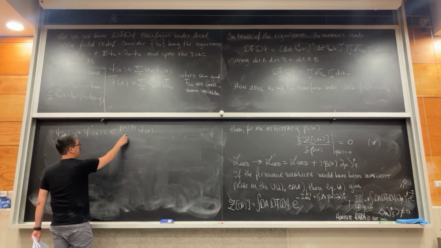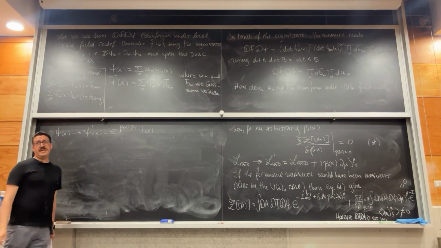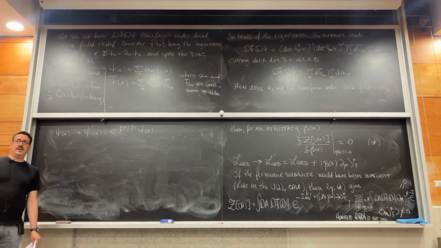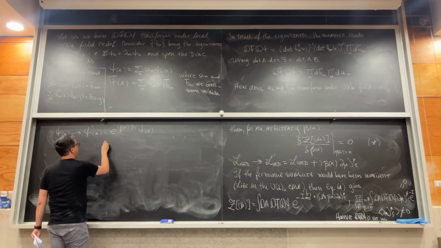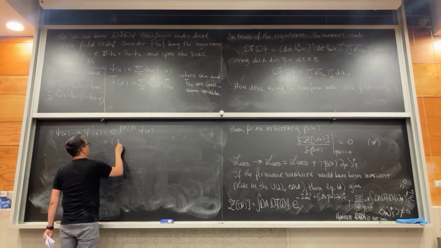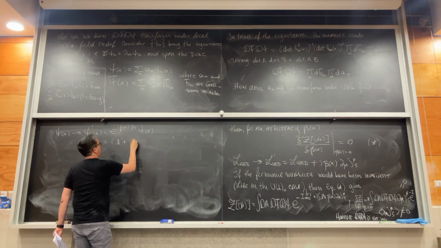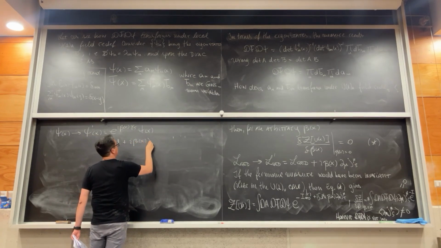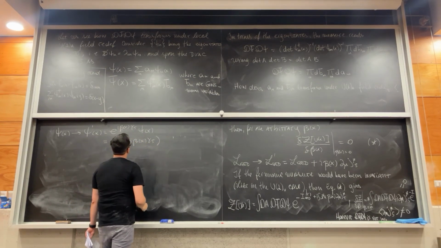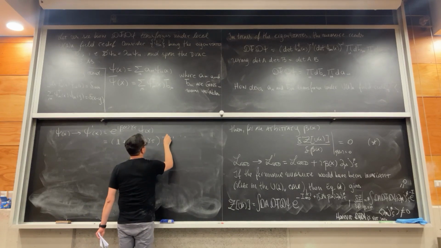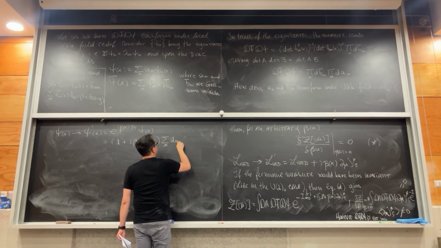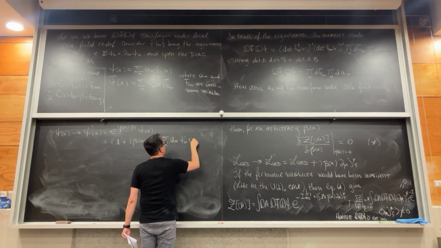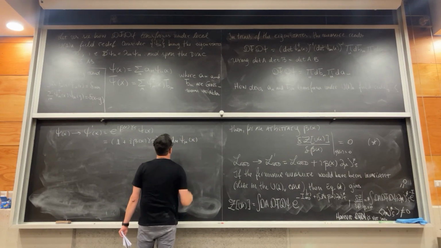So I will expand up to linear order in beta, and then I will put here the decomposition. So this will be 1 plus i beta x gamma 5, and here psi n x.